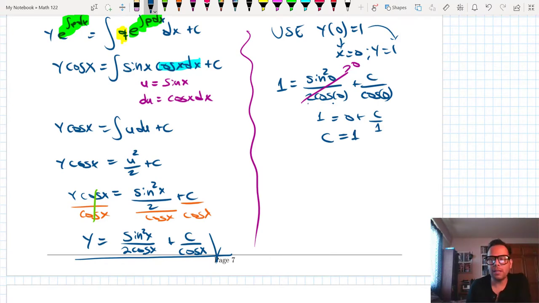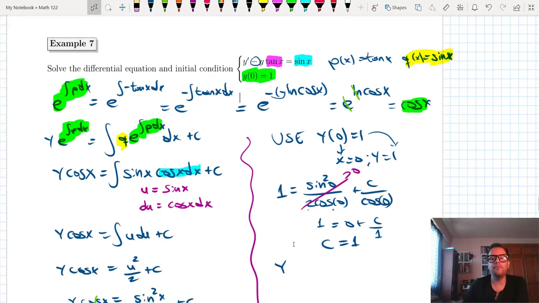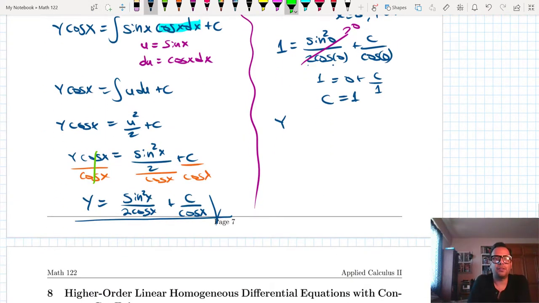So the particular solution, the particular member of the family of functions that passes through the point x equals 0, y equals 1, is this function in particular. Okay, so that is sine squared x over 2 cosine x plus 1 over cosine x.